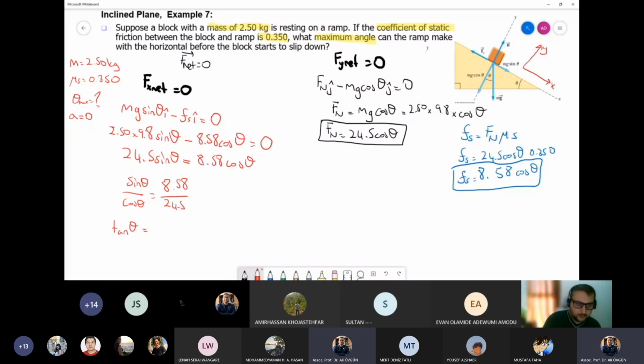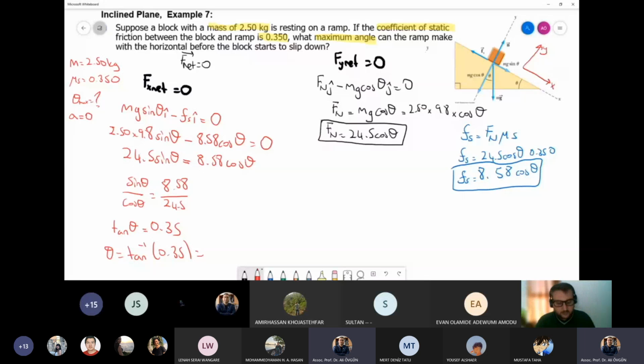So tangent theta is equal to 8.58 over 24.5, which is 0.35. And you know how to calculate theta by using the inverse of tangent. So theta will be equal to inverse tangent of 0.35.